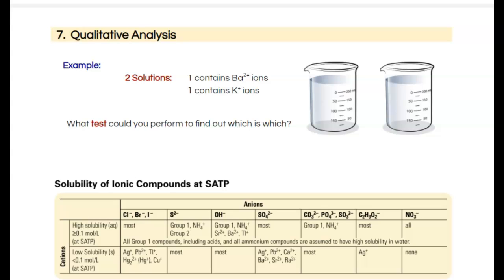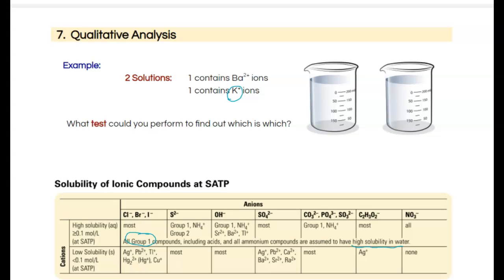So let's take a look at the chart here and see if we can pick out an ion to add, or a compound, a solution to add to both of these, to see if it will cause precipitation in one and not the other. My experience tells me that I'm not going to find any ion that is going to precipitate out potassium, because potassium is a group 1 element, and so those are going to be always soluble.